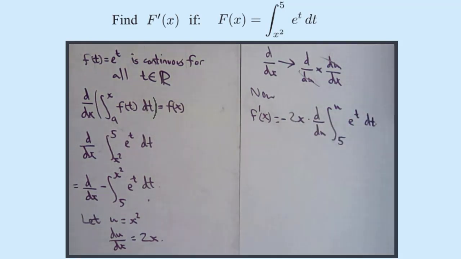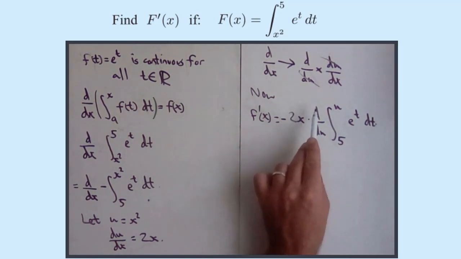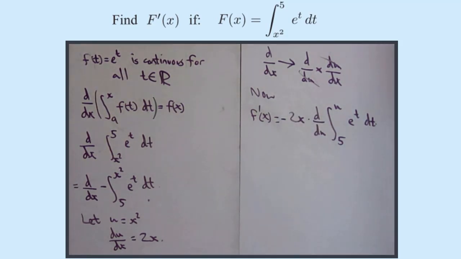So now you can see the whole thing's rewritten. This is minus the 2x, and then the derivative with respect to u, and the minus sign was there because we switched the limits.